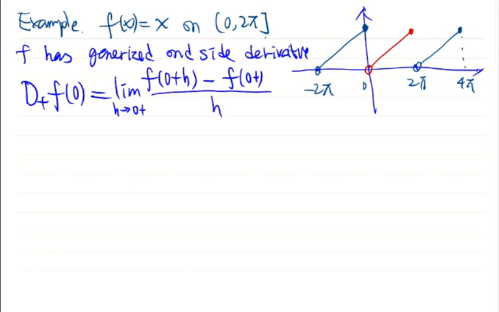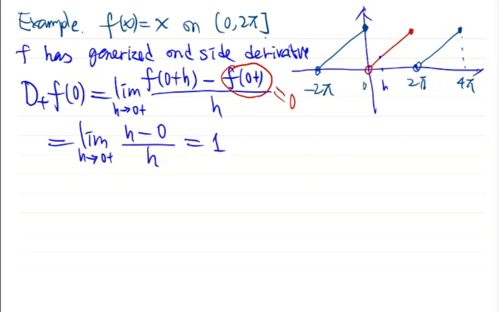Here f(0 plus h) is h, because h is positive. The right limit of f at 0, from this picture, is obviously 0. So we have h minus 0 divided by h, and the limit is 1. So the generalized right derivative at 0 is 1.